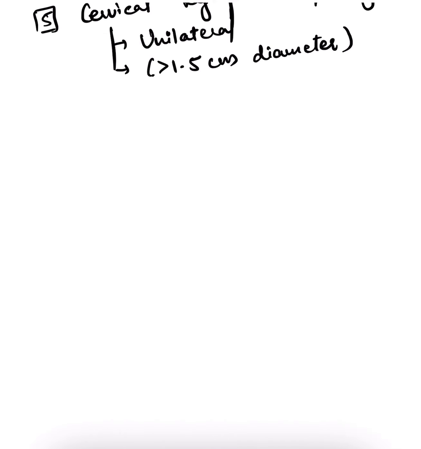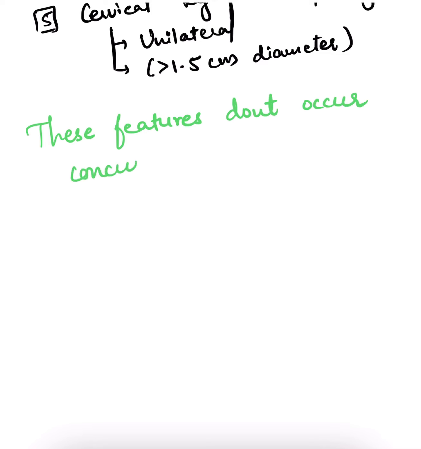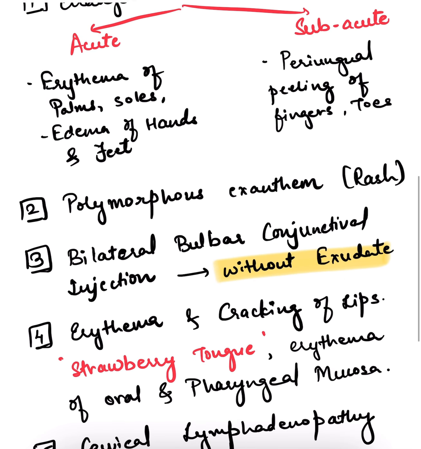But a very important thing I have to say here is that these features don't occur simultaneously, they don't occur concurrently, which means that sometimes not all the features are present when the patient comes to you.